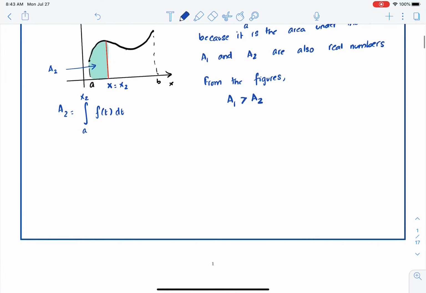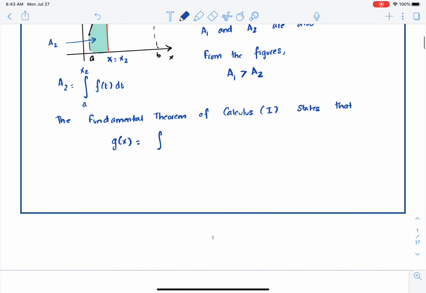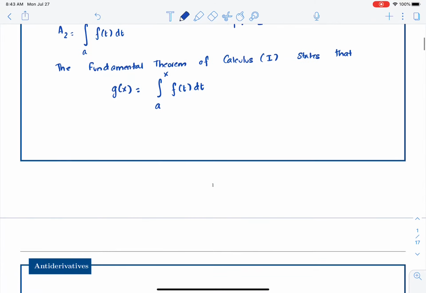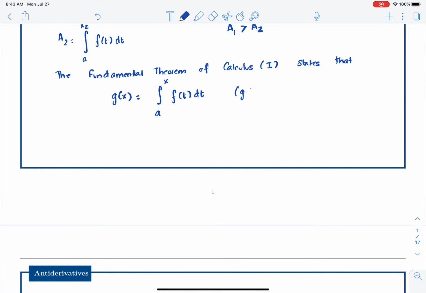So the fundamental theorem of calculus, I would say this is rule 1, states that g of x is equal to the integral from a to x of f of t dt. And g of x is a continuous function.